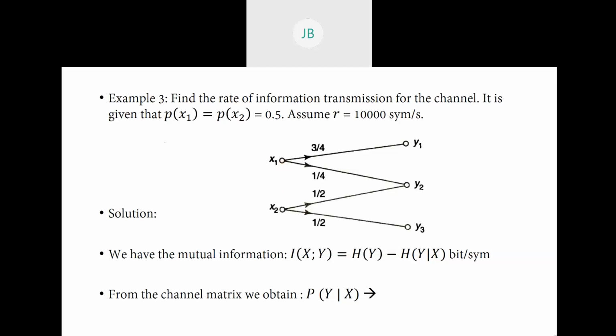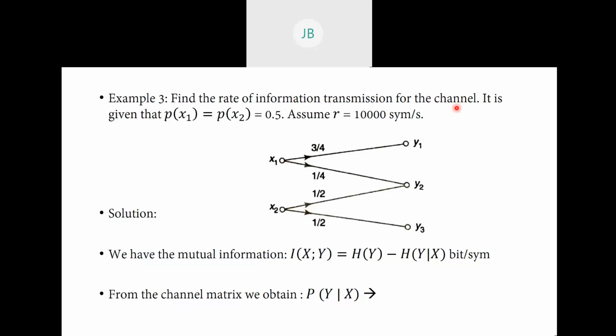The channel consists of two input symbols x1 and x2, and at the output you have three output points, y1, y2, and y3. The transition probabilities are given here: x1 to y1 is 3 by 4 and x1 to y2 is 1 by 4. Similarly, x2 to y2 is half and x2 to y3 is also half. With this, we need to find the rate of information transmission for the channel, that is R.